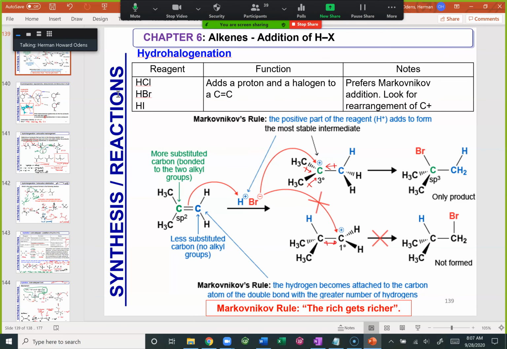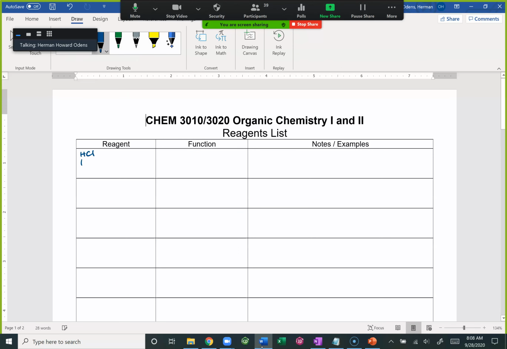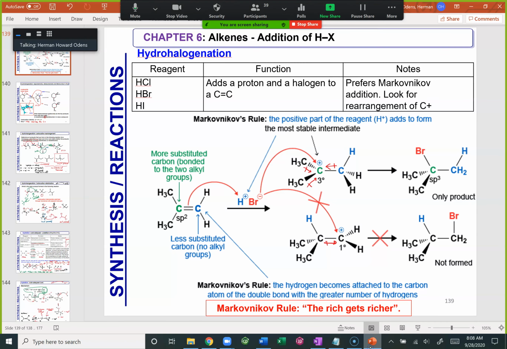So what I would do, if I was you, I'll start my reagents list and put HCl, HBr, and HI. They all are the same thing in terms of the way they react with alkenes. And then the function. So here you have add a proton and a halogen to a double bond.